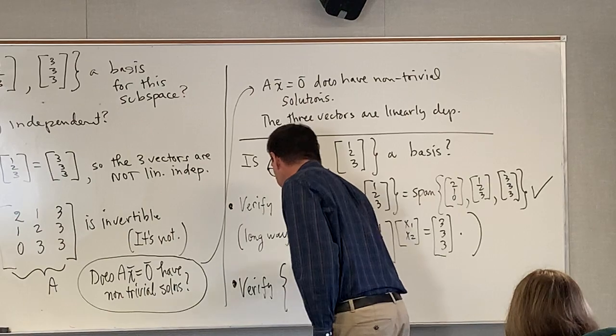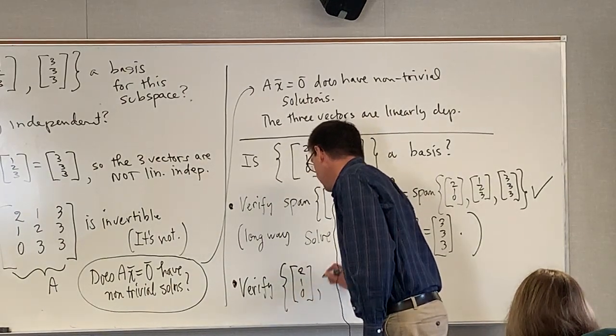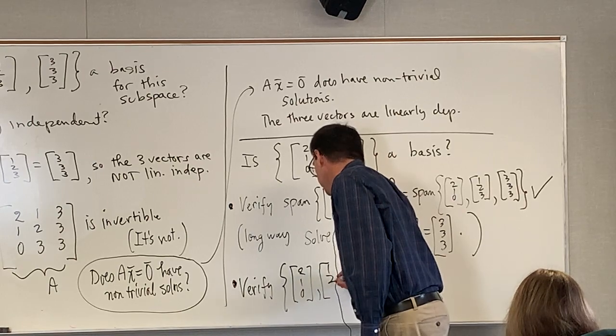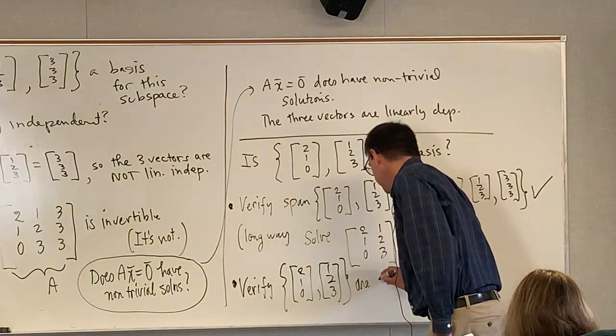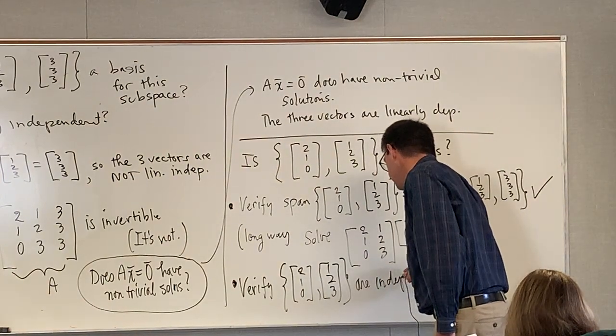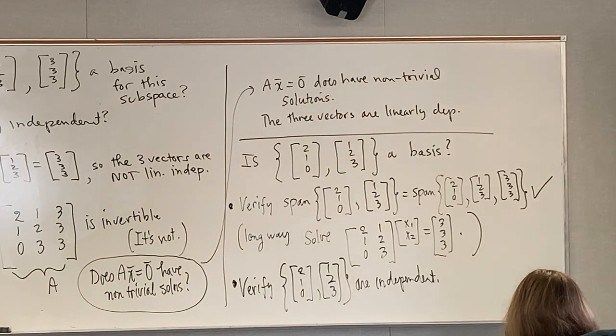that the two vectors 2, 1, 0 and 1, 2, 3 are independent, and that should be real easy for you guys.